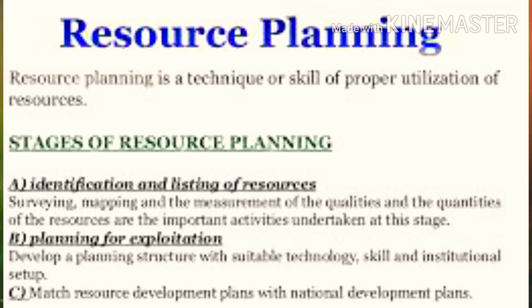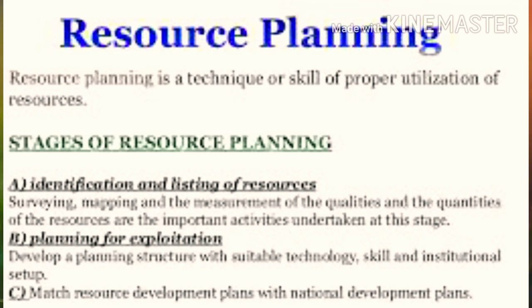So the first step includes the identification and inventory of resources or resource inventory. My dear students, please keep in mind while writing this section, you want to just write the subheading also. Here you can write the subheading as identification and inventory of resources or resource inventory.